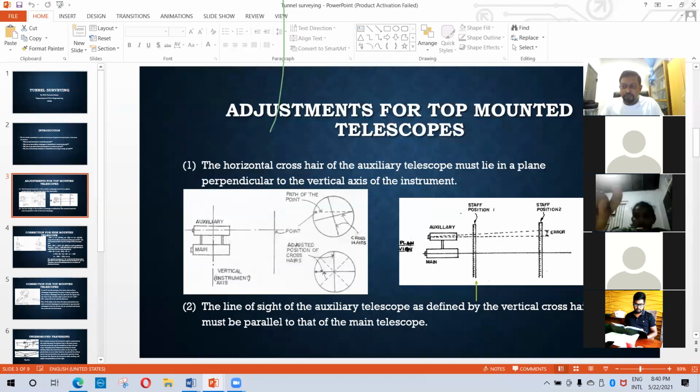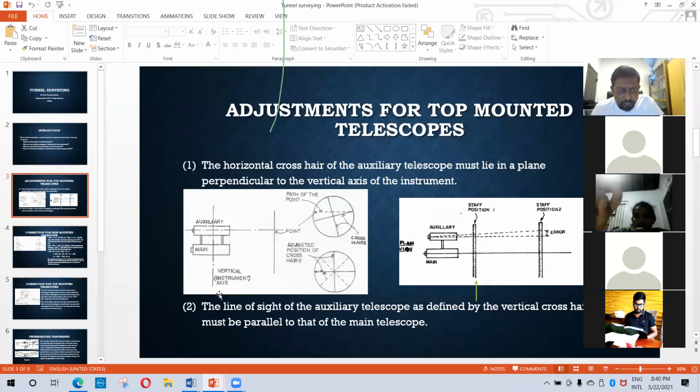But if you mount another auxiliary telescope on top of the actual telescope, that's a top-mounted telescope, right? So first we are going to talk about the adjustments for the top-mounted telescopes, right?